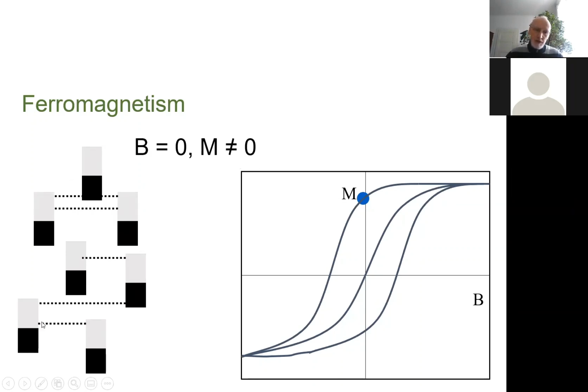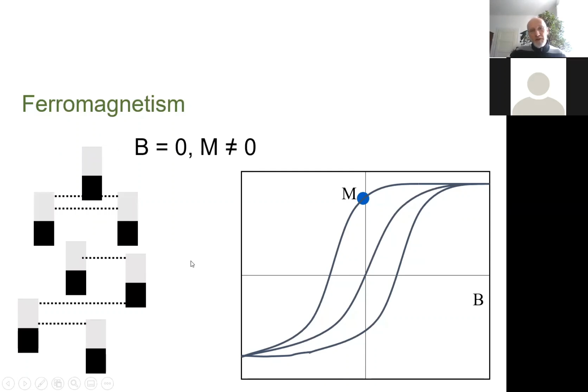We can turn it around by a strong magnetic field oriented in the opposite direction, but we will never get back to the zero point. This property, of course, depends on temperature.